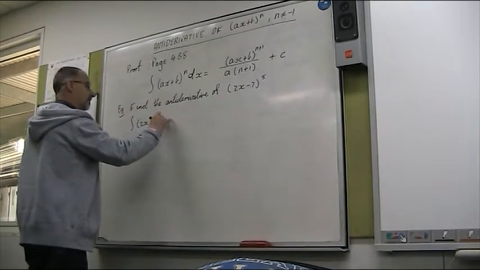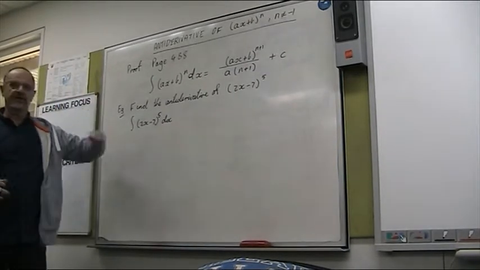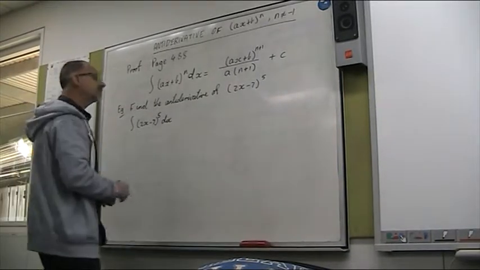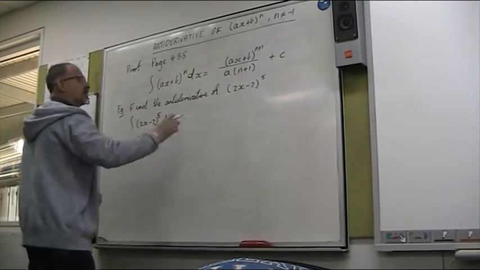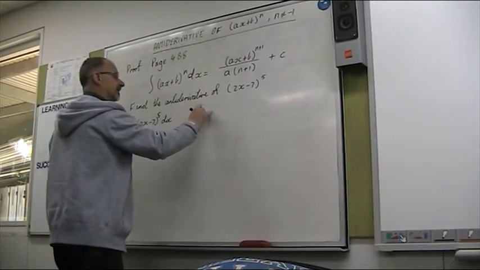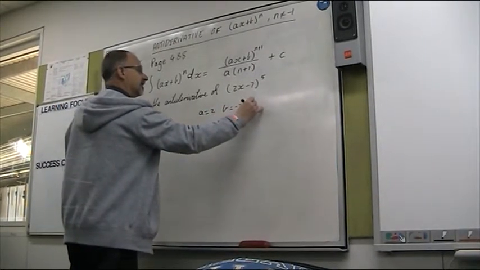The antiderivative of, to write that mathematically, we use our integral sign, dx. That's what tells us to antidifferentiate. Looking at what the a, the b and the n are, in this one the a is 2, the b is -7 and the n is 5.